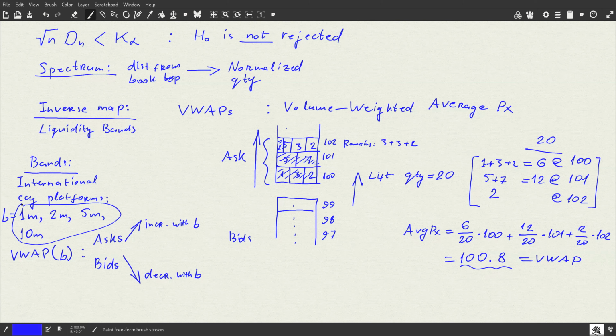Then the typical trade size is, let's say, 1 million. But for the Moscow exchange, unfortunately, it is not 1 million yet.